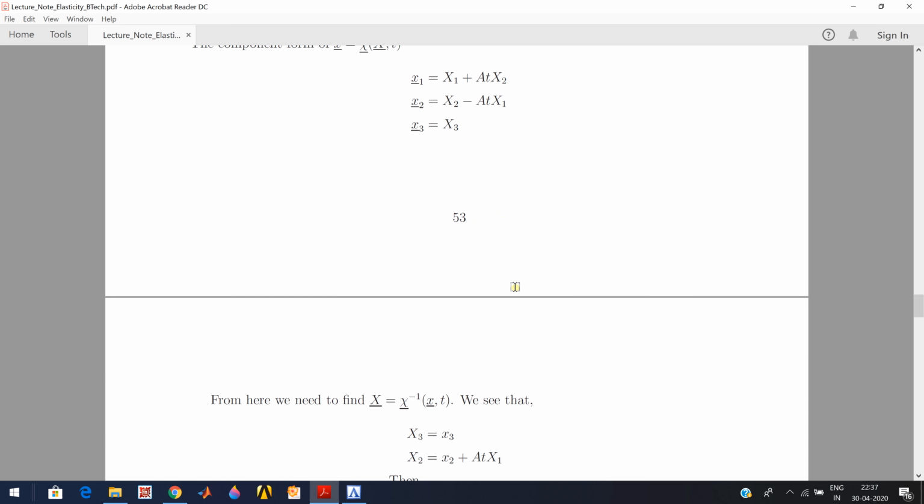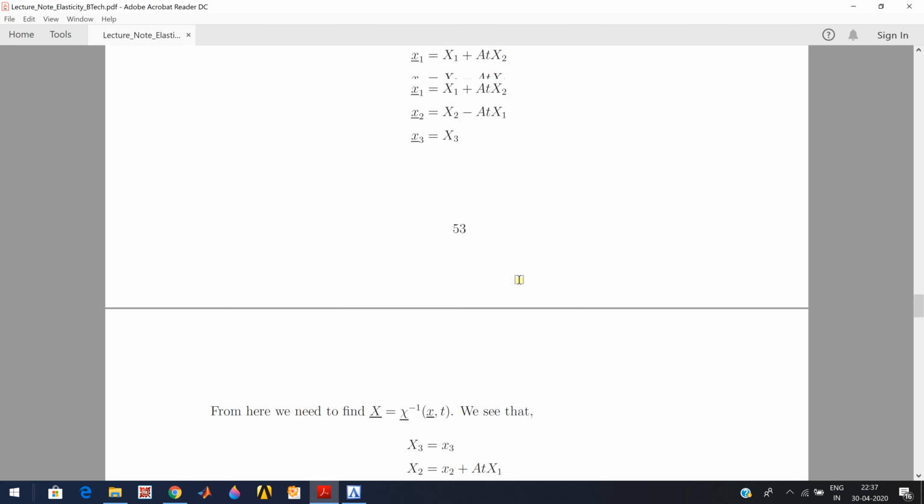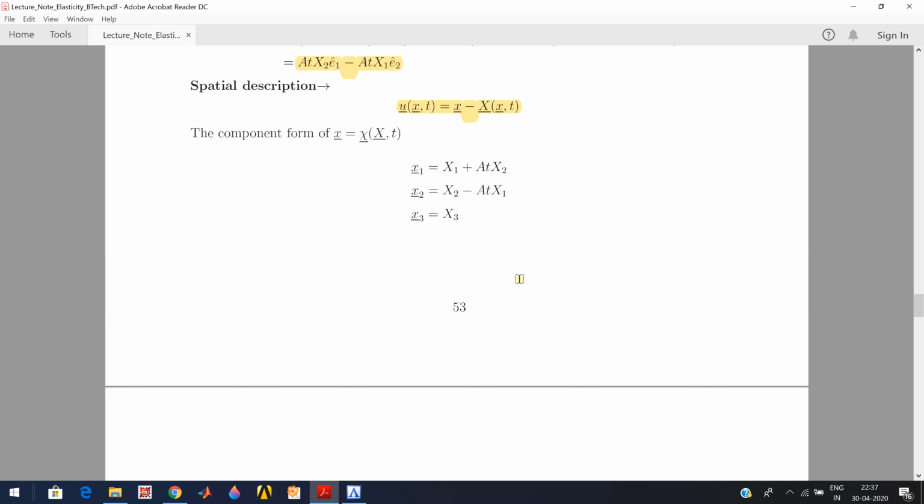That is done with a little bit of mathematics here. One is very easy, because capital X3 will be just small x3, and then you have to solve these two equations to find capital X1 and X2 in terms of small x1 and x2.